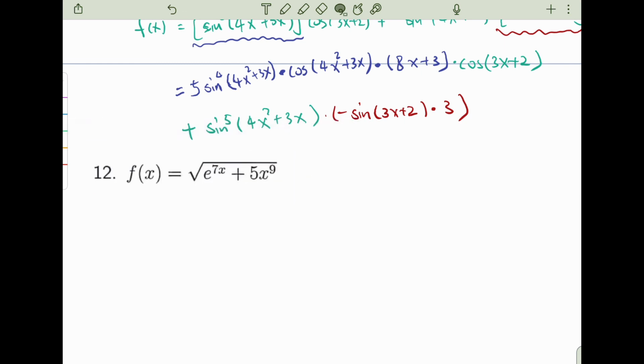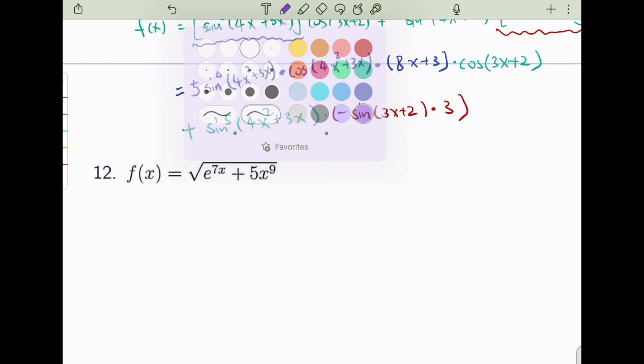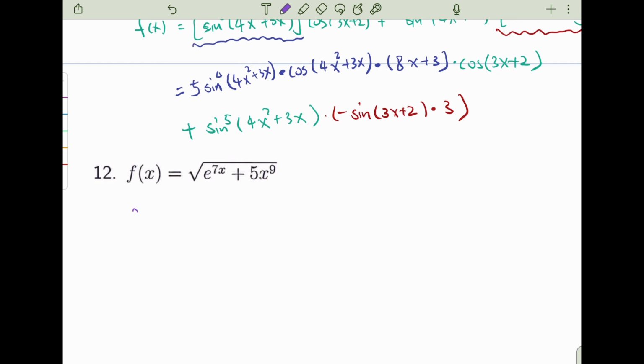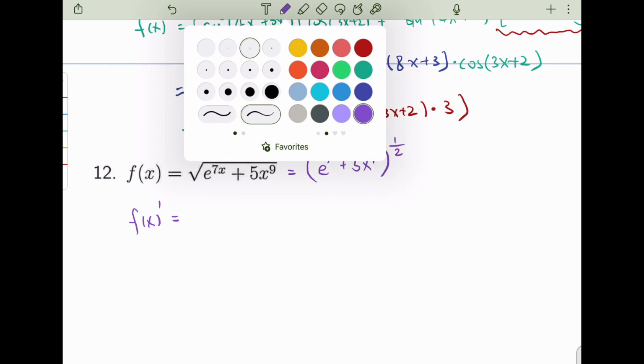Firstly, identify the most outside function, which is the square root, right? So the derivative of f of x is equal to, let me write this first so that it is not too confusing, to the 1 over 2. So the most outside function is the 1 over 2 power, right?